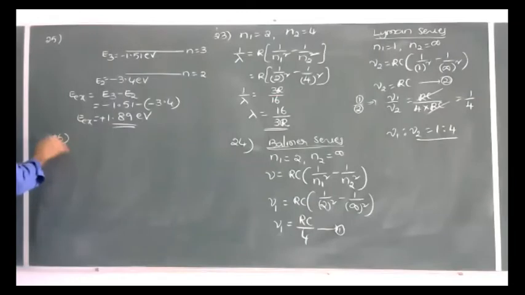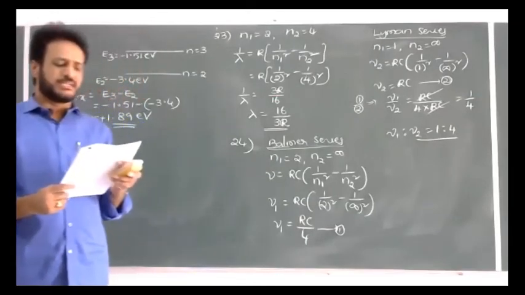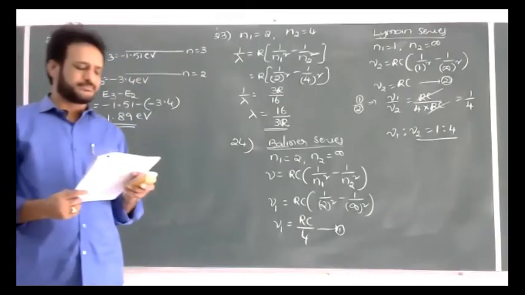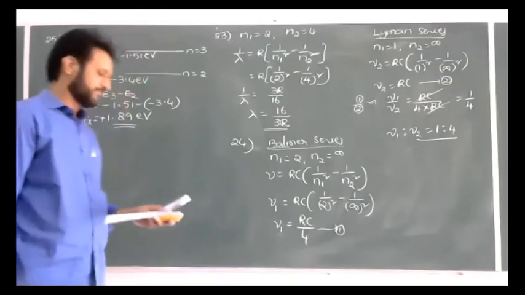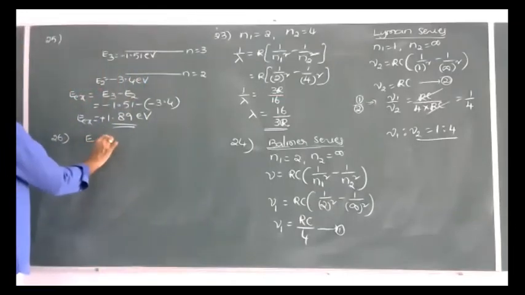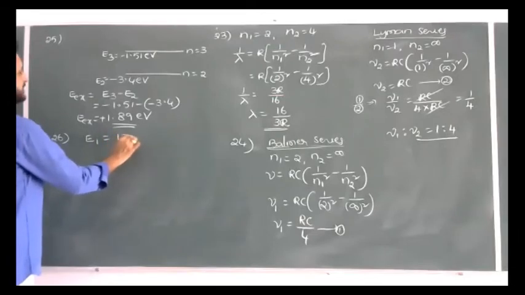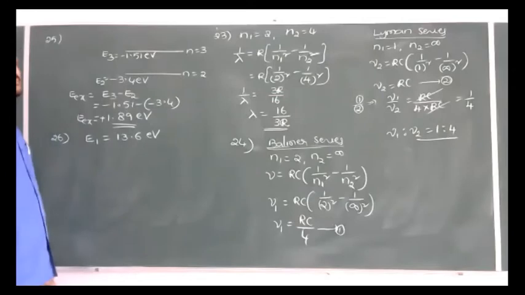Question number 26. The ionization energy of a hydrogen atom is 13.6 electron volt.